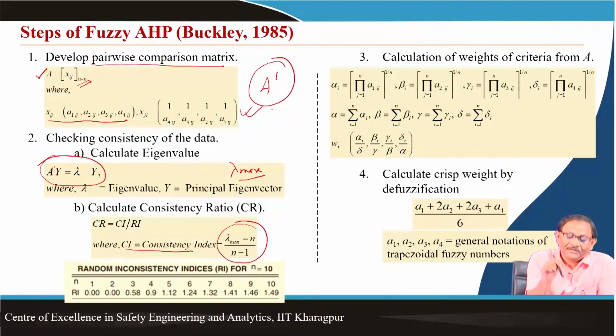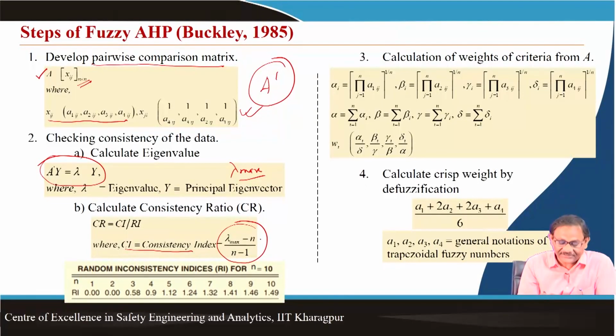First, you fuzzify the linguistic terms into a fuzzy comparison matrix, then convert it to a defuzzified comparison matrix, which is used to find its eigenvalues. You take the maximum eigenvalue and use it to compute the consistency ratio.